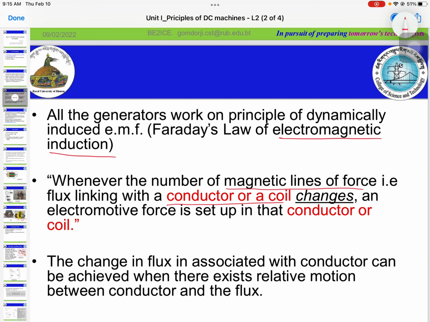The change in flux associated with the conductor can be achieved when there exists a relative motion between the conductor and the flux. So generally, in order to generate the EMF, we need three key features. The first one is the conductor.